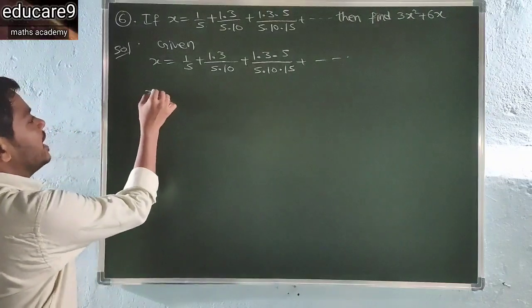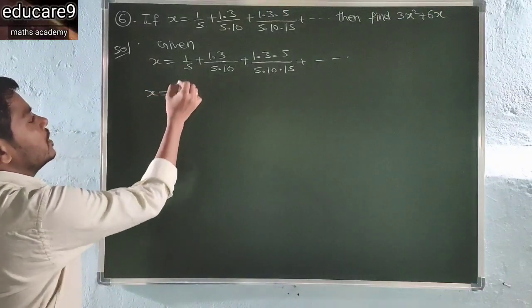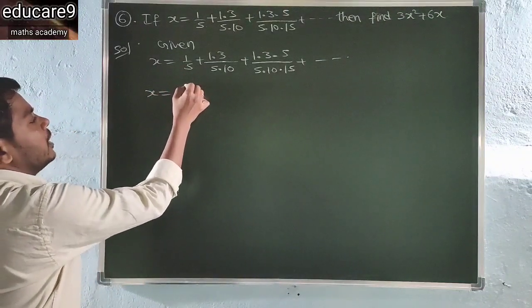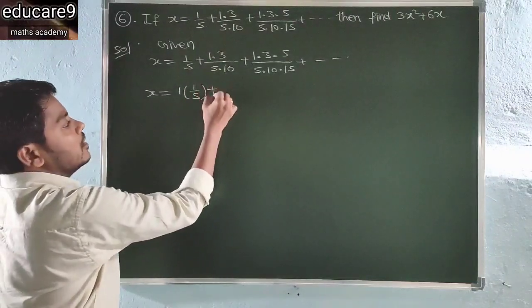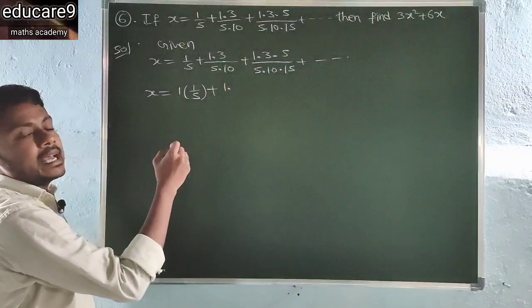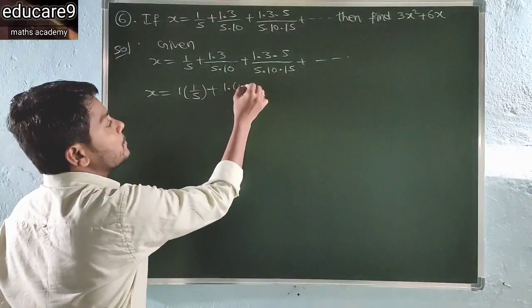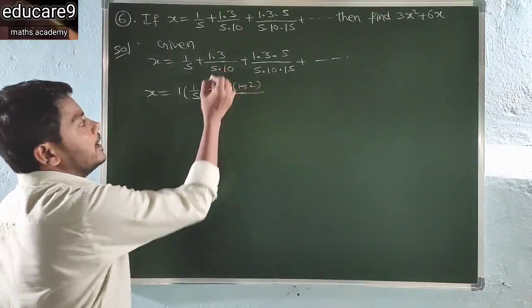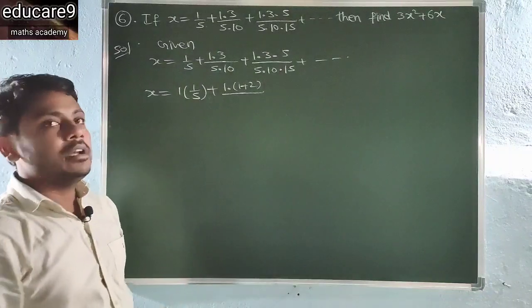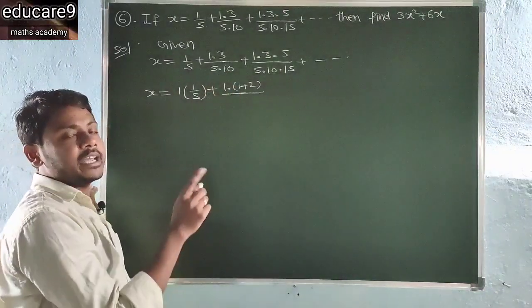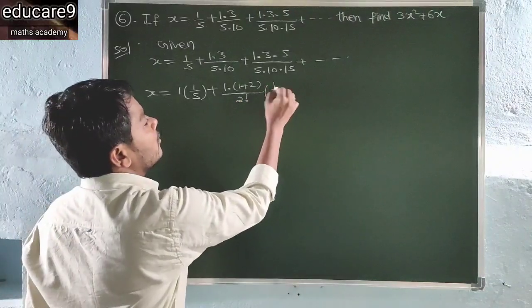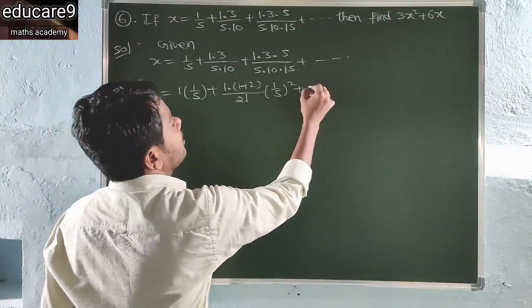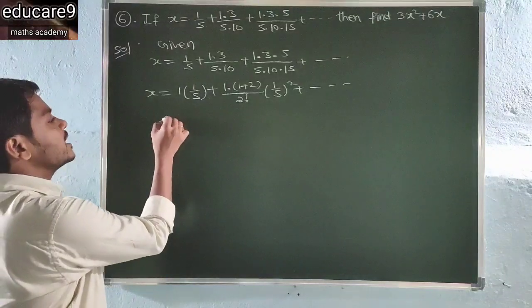See here, this can be written as x is equal to 1/5 can be written as 1 into 1/5, and this one 1 into 3, write as 1 + 2, and here 5 into 10 can be written as 5 into 5 into 2. So that is 2 factorial into (1/5) whole square and so on.